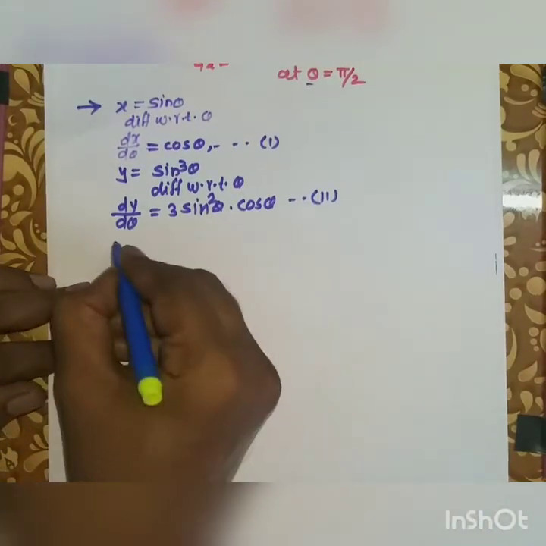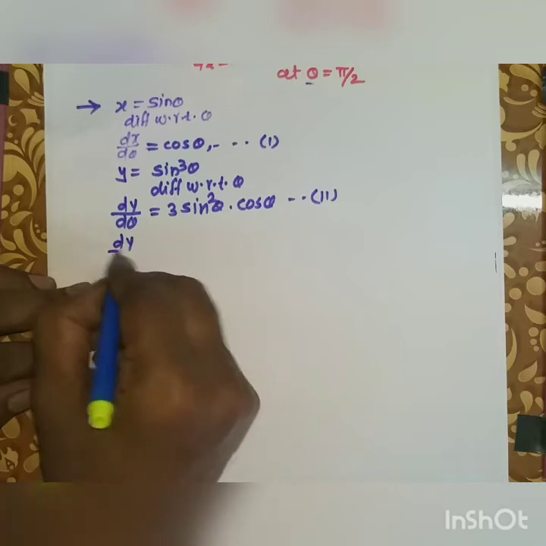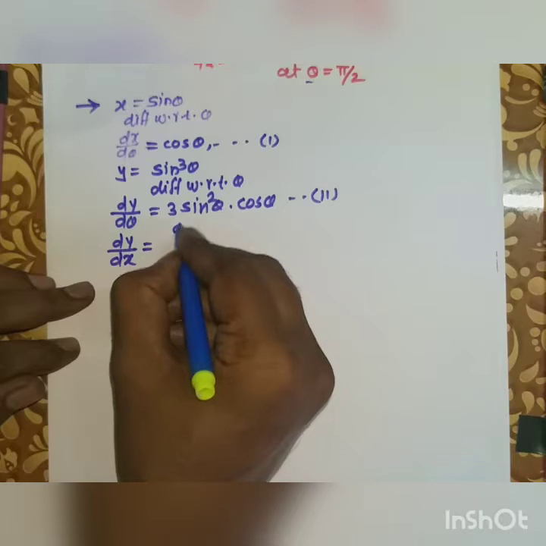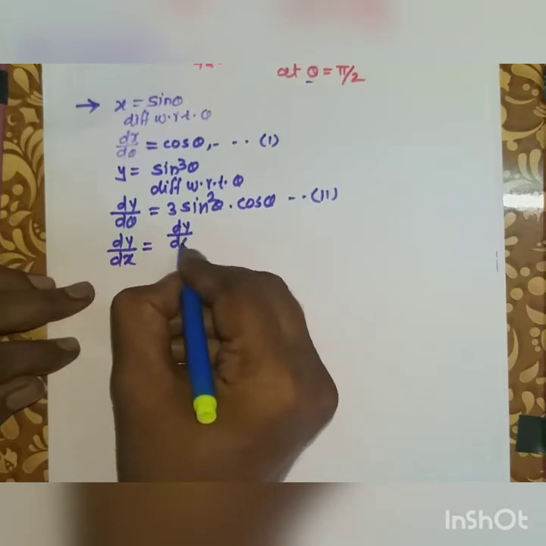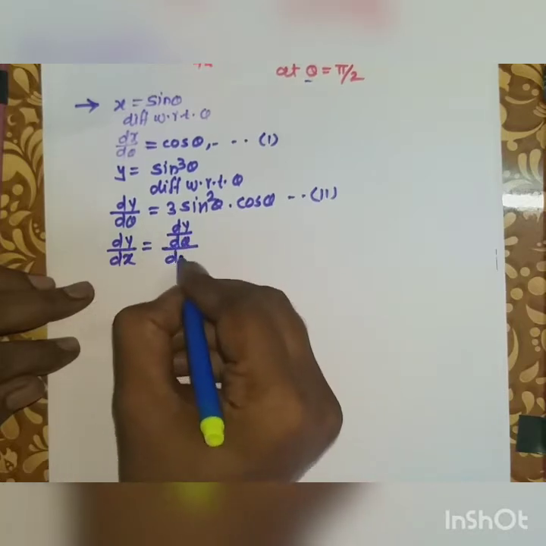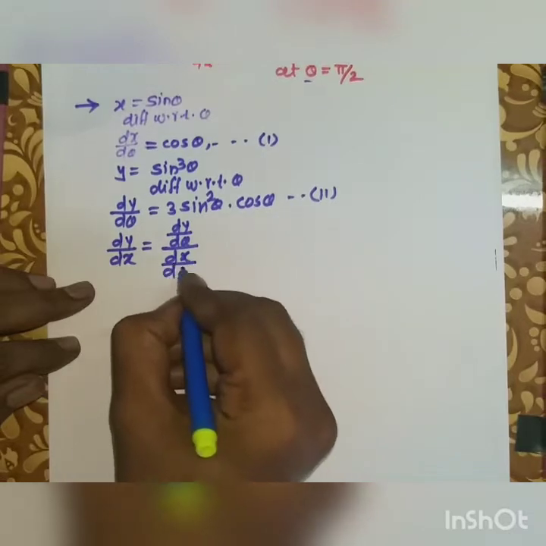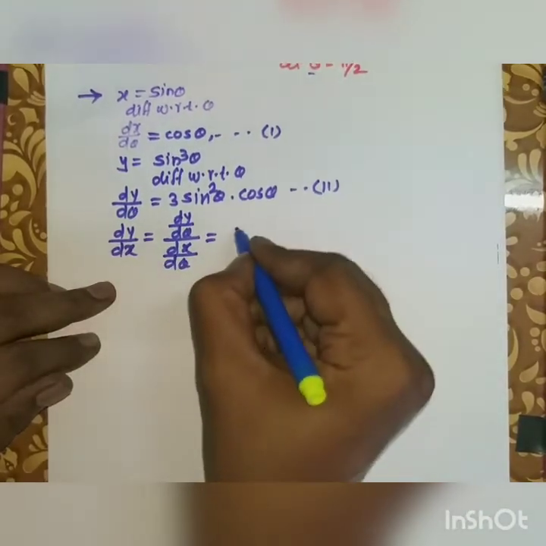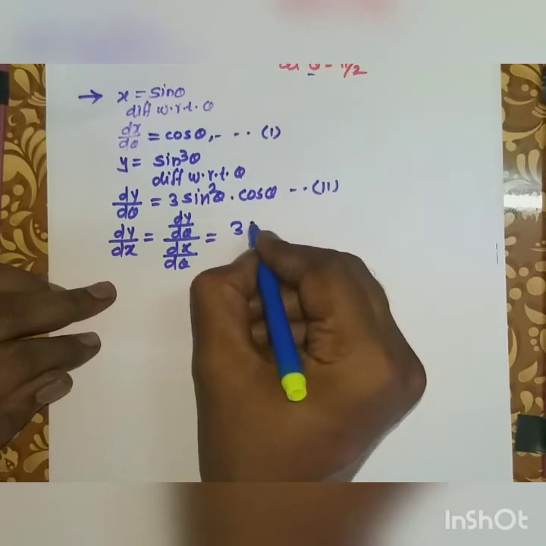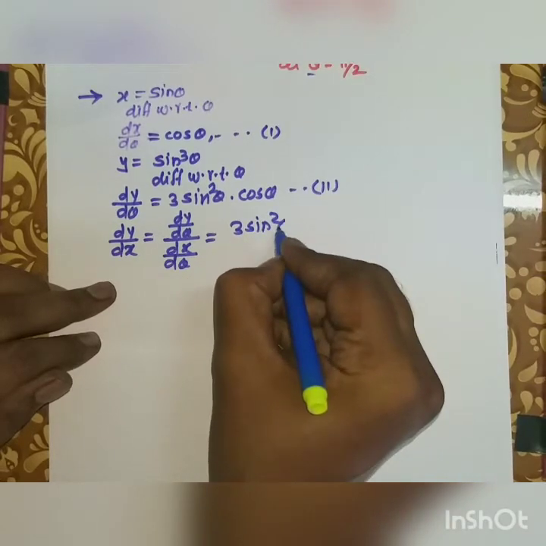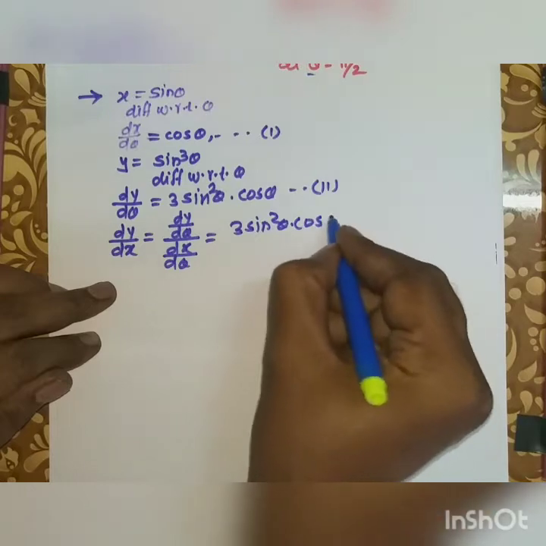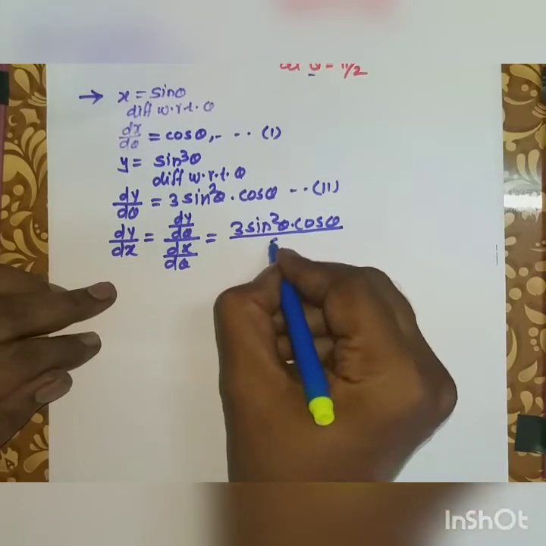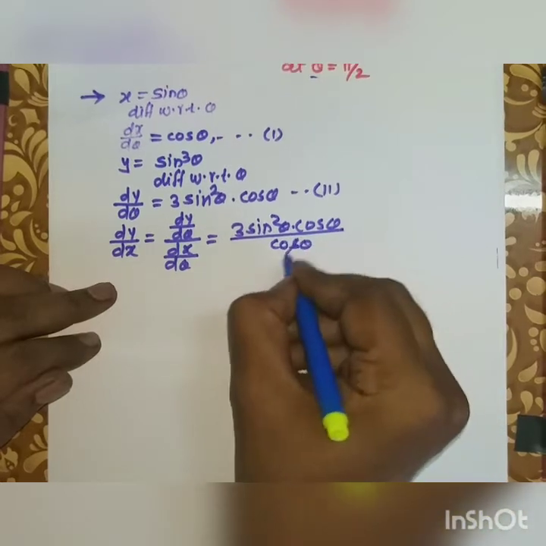Now we know that dy by dx in parametric form is dy by dx is equal to dy by d theta divided by dx by d theta. Then dy by d theta is 3 sin square theta into cos theta, divided by, from equation 1, cos theta.